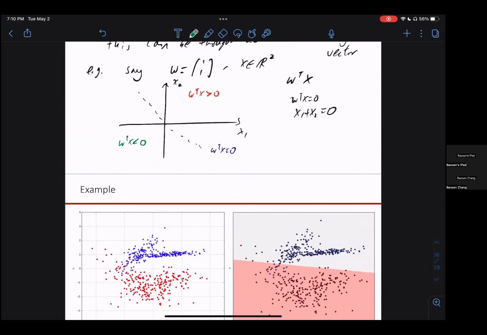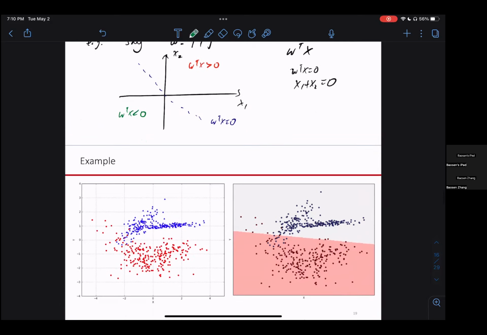The question is to draw the result graphically, either like this or like this, depending on the question. This is what draw the result means. For those kinds of classifiers in R2, what typically happens is you draw the classifier. There's a clear geometry within the classifier.